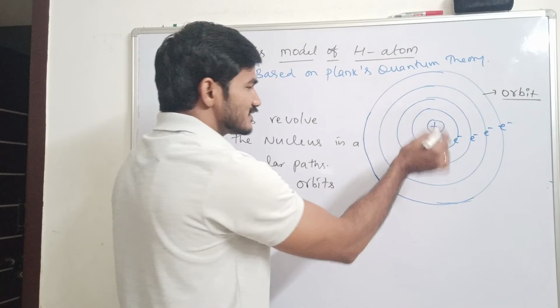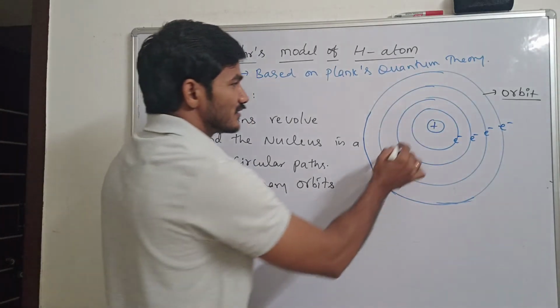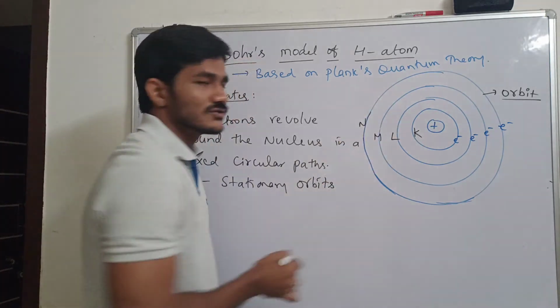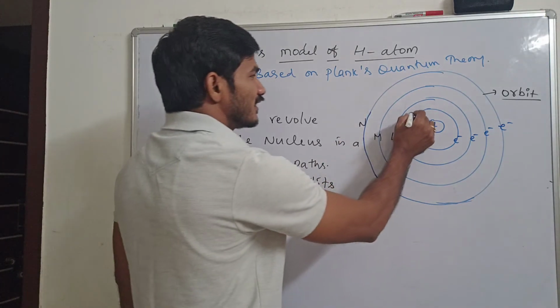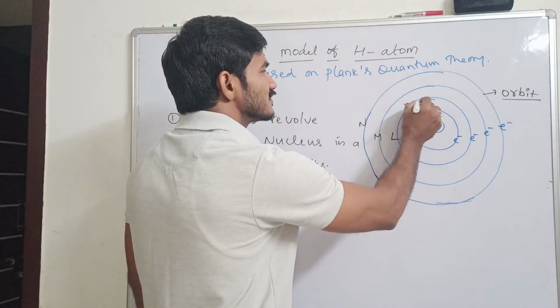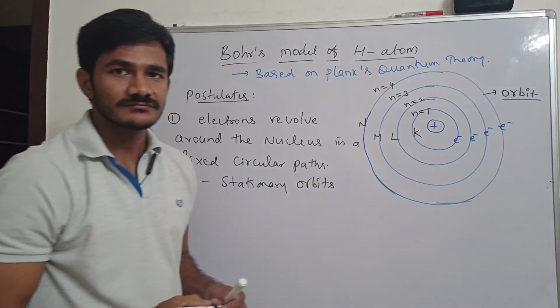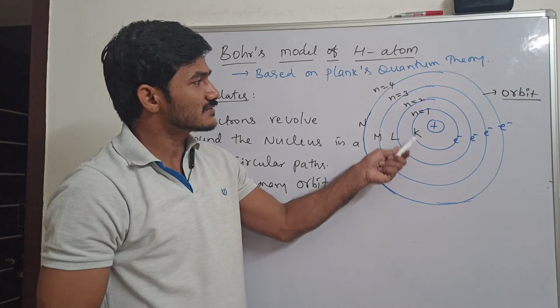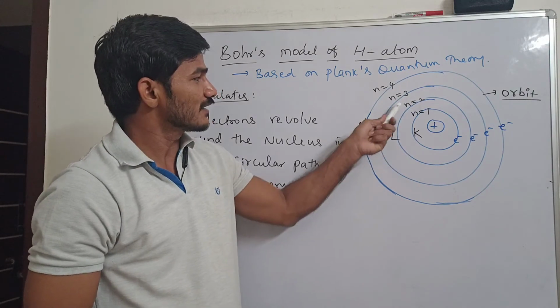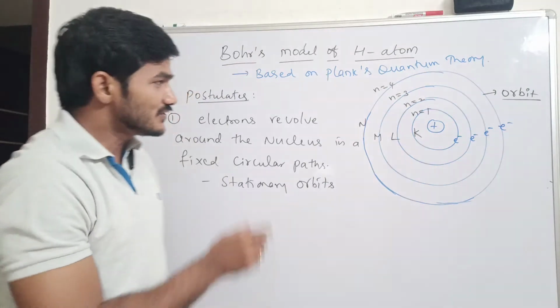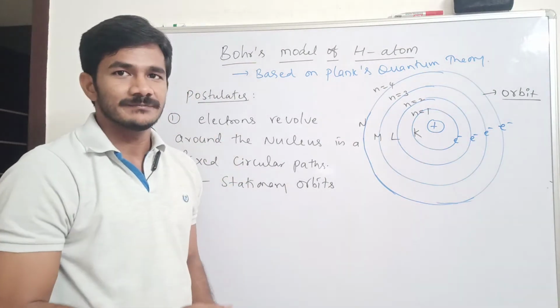Each orbit is given an English letter: K, L, M, N and so on. K means n equals 1, the first orbit, L the second orbit, M the third orbit, N the fourth orbit. Each English letter represents one orbit.